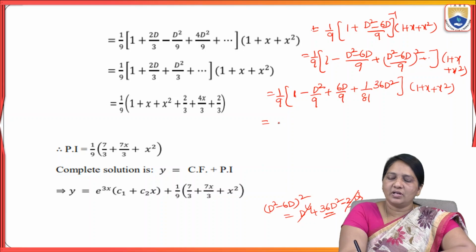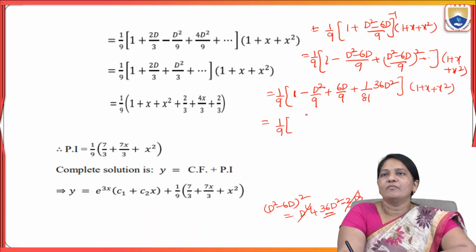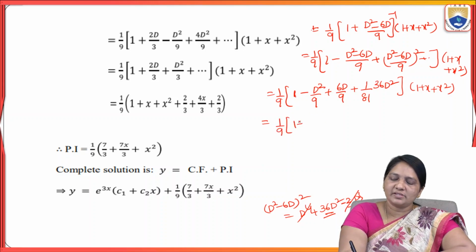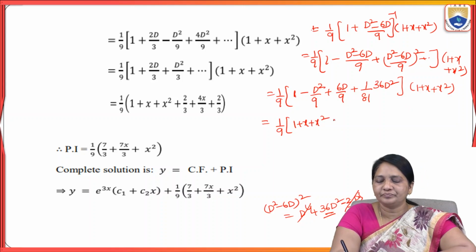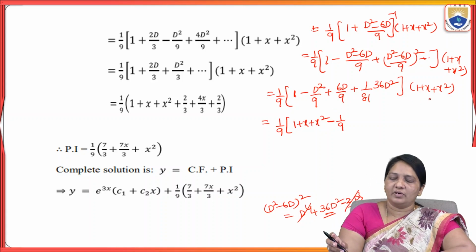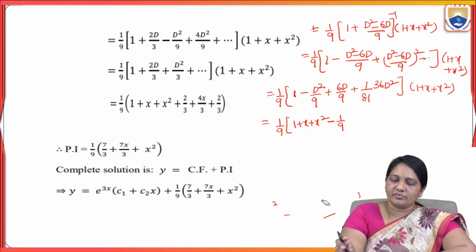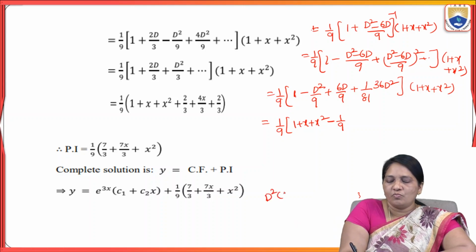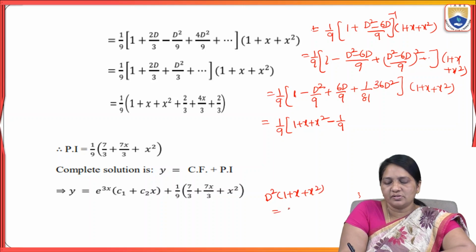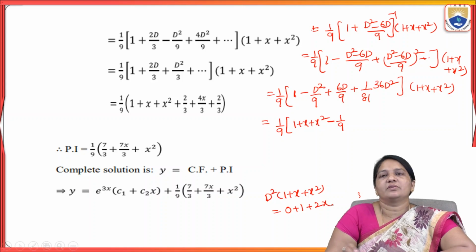So now what is the final value? 1 by 9 into 1 plus x square as it is, so 1 plus x square, minus 1 by 9 into D square of 1 plus x square. What do we have to do here? D square of 1 plus x square: the first derivative, 1 is 0 plus x square is 2x.